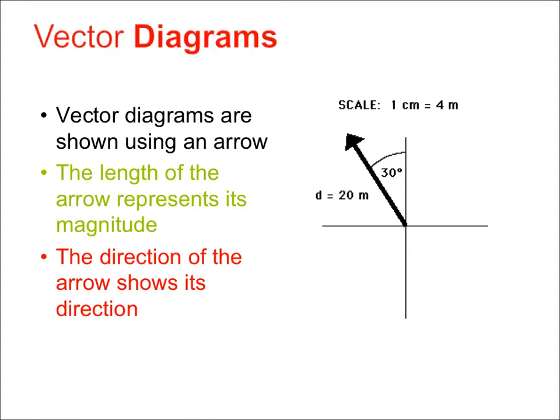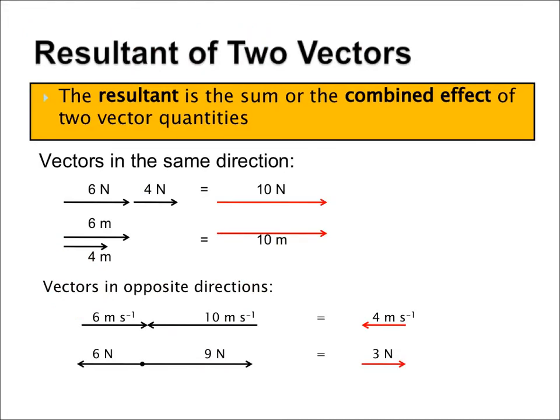Now, as we go back to this arrow, specifying a scale, giving us a good direction, showing the angle perfectly, that defines a vector very well. And this is called a vector diagram when drawn properly to scale. If you want to add vectors, if they're parallel to each other, backwards and forwards, either adding or subtracting, that's very easy.